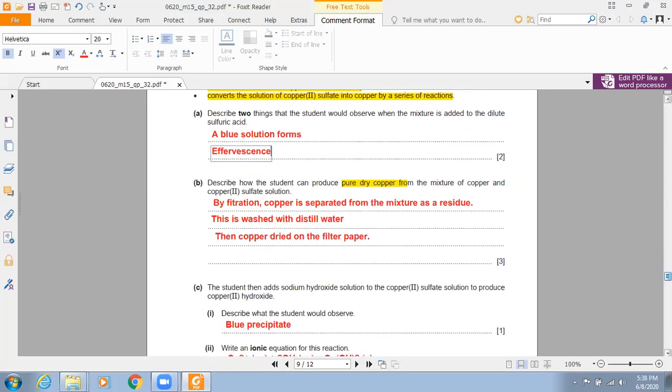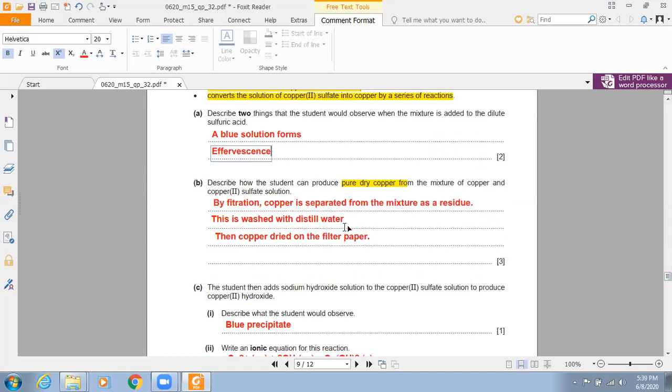Next one, describe how the student can produce pure dry copper from the mixture of copper and copper 2 sulfate. So I have written, by filtration, copper is separated from the mixture as a residue. This is washed with distilled water. We need to wash it with distilled water because some copper sulfate solution can be present with copper.